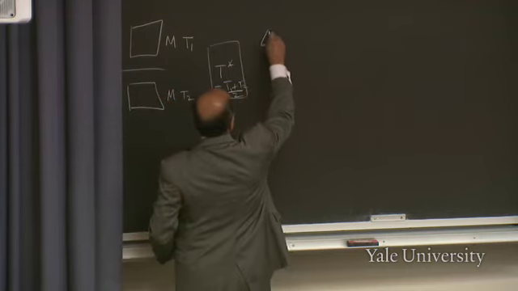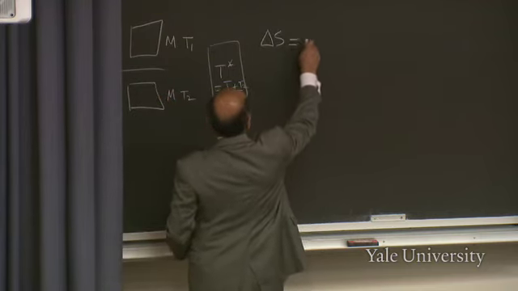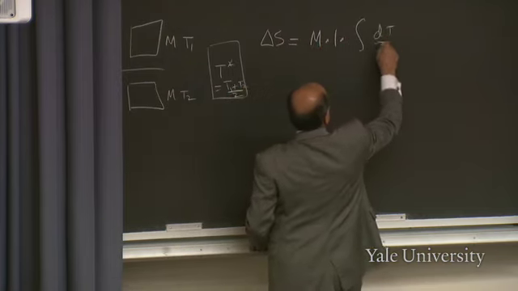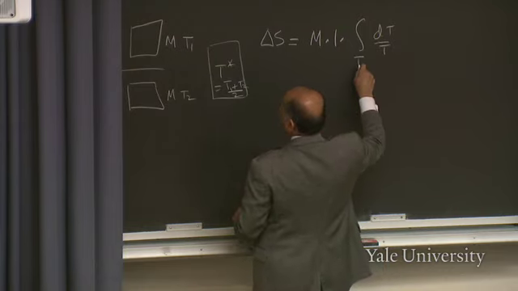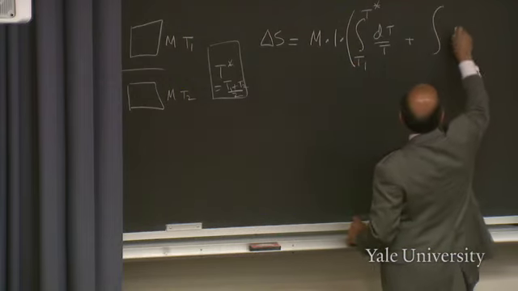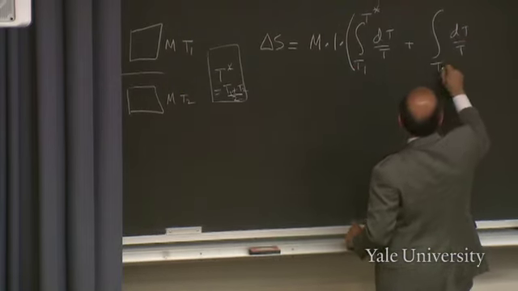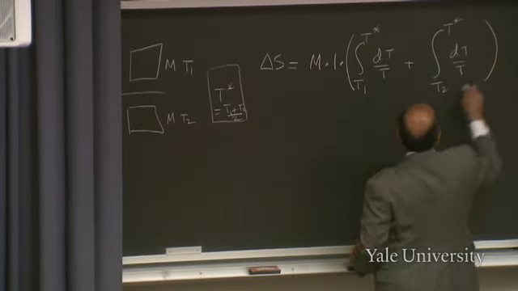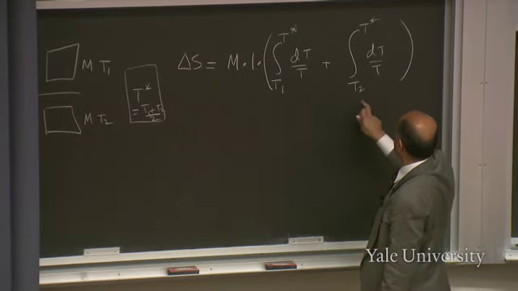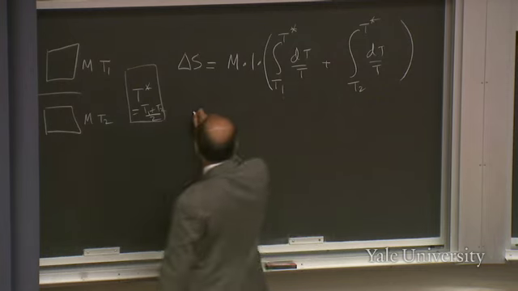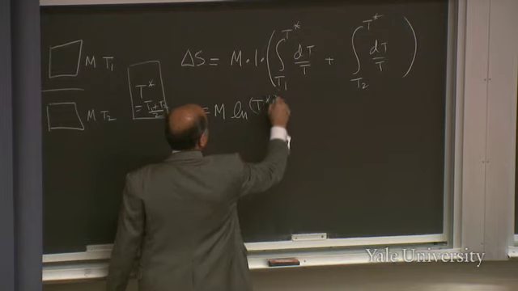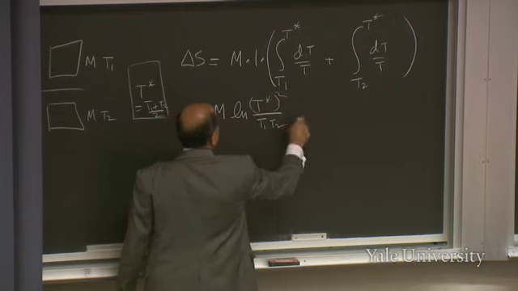Then the delta S total will be m, specific heat is 1, then dT over T from T1 to T star for one thing, and dT over T from T2 to T star for the other one. You understand that? They both meet at T star. Upper limit is T star, lower one is T1 for one and T2 for the other. So the change in entropy becomes m log of T star squared over T1 T2.